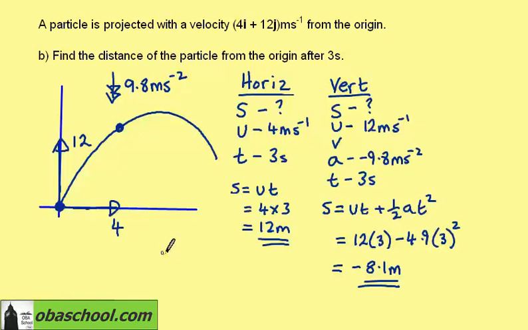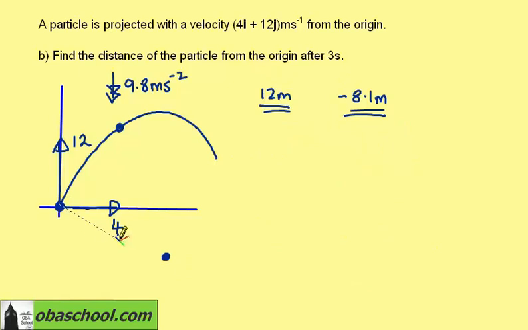So the particle is in a position like this. We want this distance. We can form a right-angled triangle, and we know this distance is 12 and this one 8.1. If we call the distance d, we can use Pythagoras' theorem.